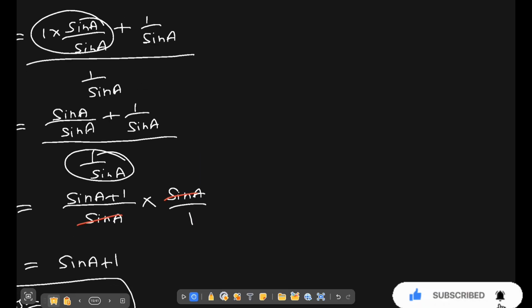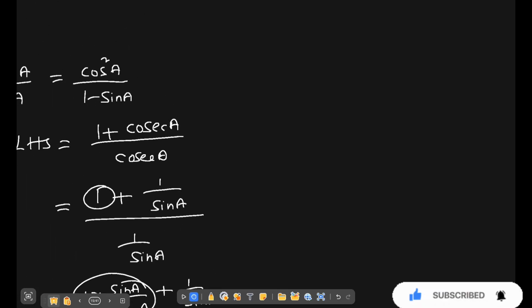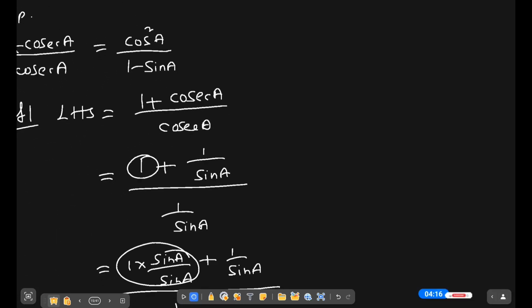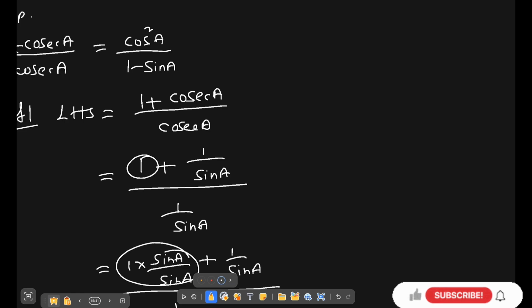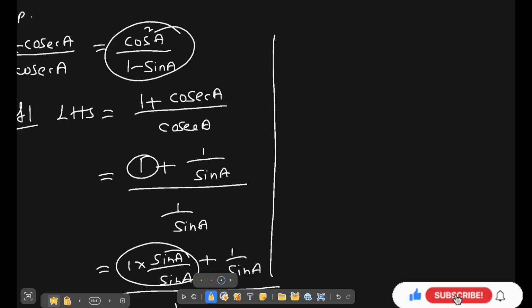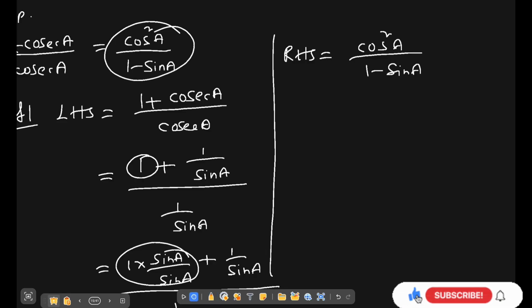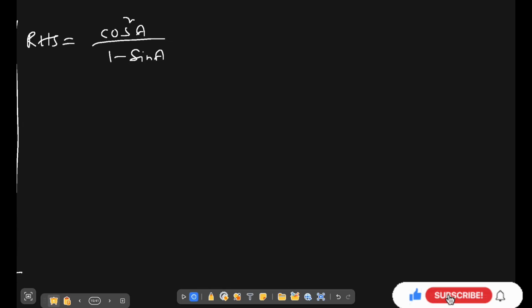Now let's take RHS. So what is RHS here? RHS is equal to cos square A / (1 - sin A). We know the first trigonometric identity.